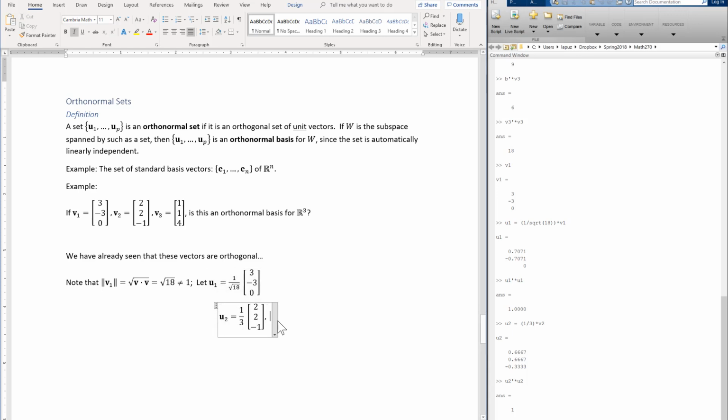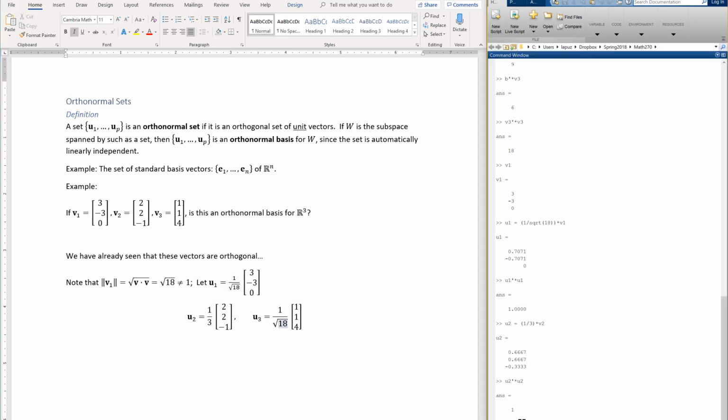So U3 is going to be 1 over the square root of something times V3, which is 1, 1, 4. So 1 plus 1 plus 16, so that's 18. That's the same denominator that we had up here.